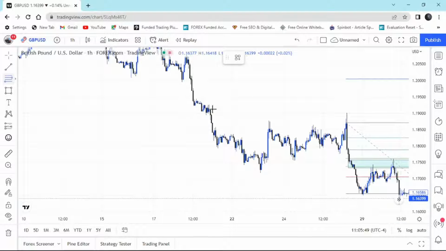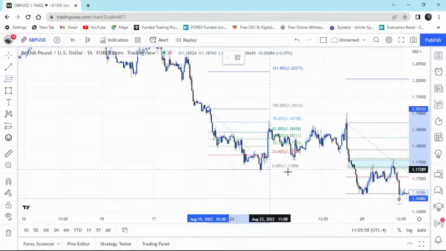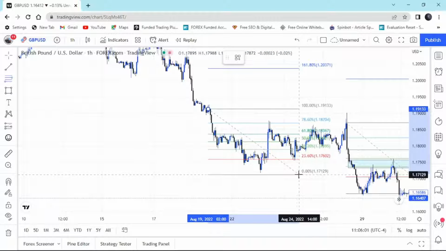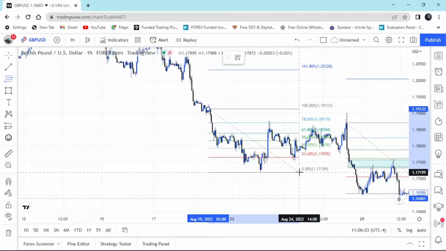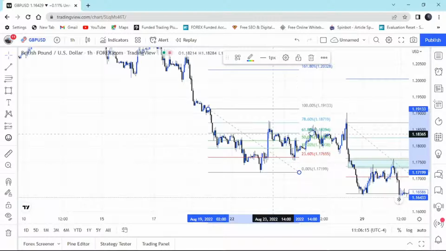So measuring from here to this lowest point, and we extend right. Okay, and so you see how price went back up right into 78.6, and then fell backward, closed just below the 61.8 retracement, and then sold off before reversing.